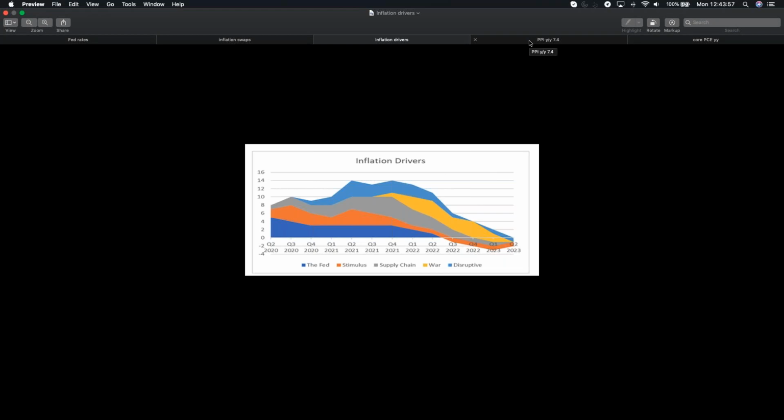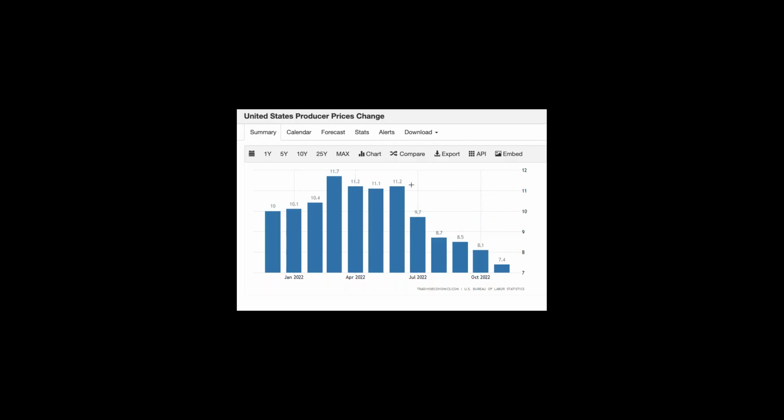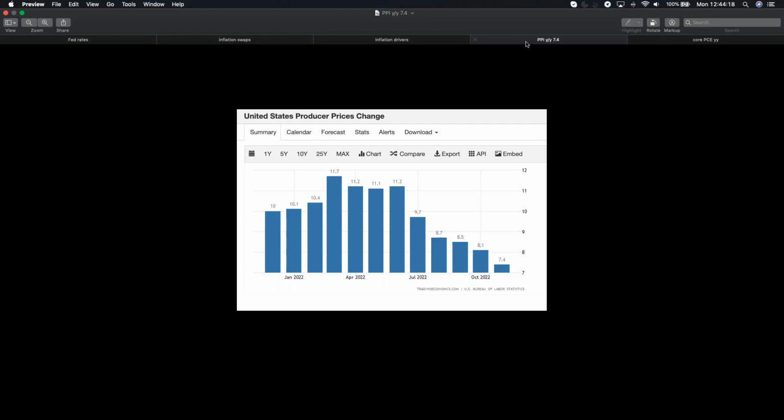But you can see that producer prices, although they fell last week to 7.4% year on year, below the 8.1% prior, are trending lower, the prices that producers are having to pay. This was 7.4% and only, I think, about 6.8% expected, so it's still firmer than expected.